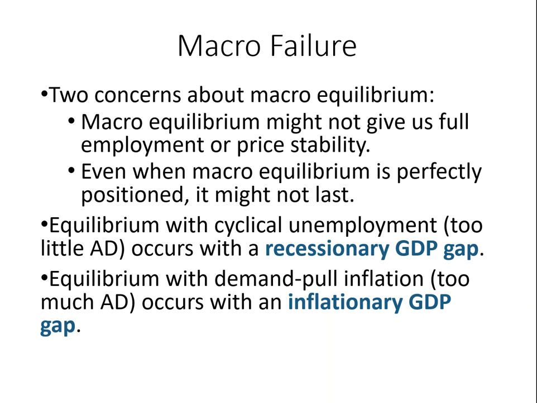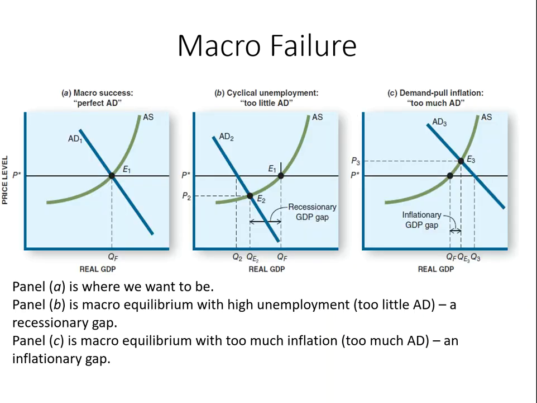After looking at the definitions for recessionary and inflationary GDP gap, we will look at them from a chart, which will help us analyze the situation we are facing. First, I'm showing you three very general pictures. The first, A, is considered very healthy, call it macro success. Look at the equilibrium GDP. The intersection between AD and AS is E1.